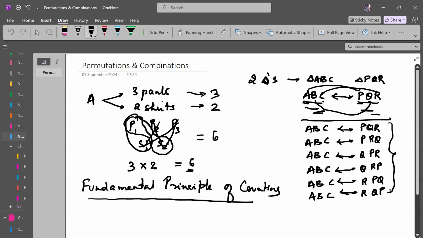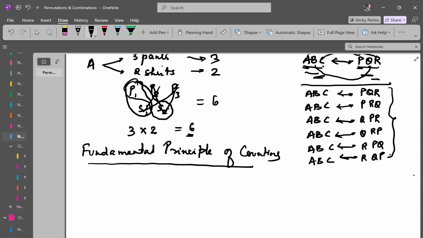Now, can this fundamental principle of counting work for more than these cases? What I'm trying to ask you is, if I gave you 2 objects, shirts and pants, and suppose I included a tie also, can I again have that included in the fundamental principle of counting? Let us check.